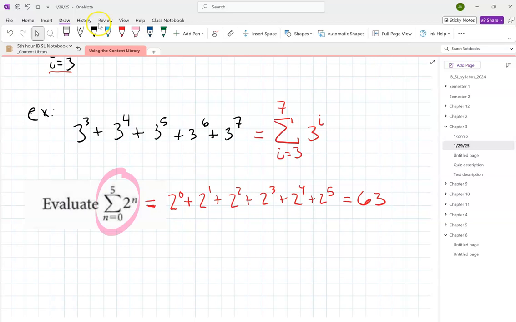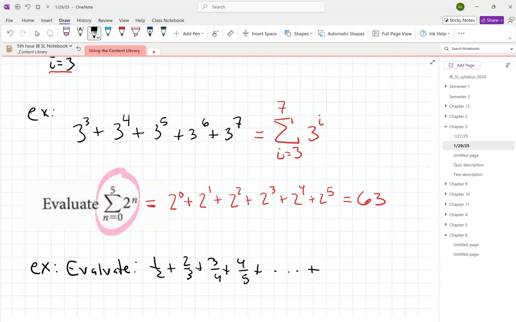What if I had, for example, asked you to evaluate this series, 1/2 plus 2/3 plus 3/4 plus 4/5 plus ... 99 over 100?